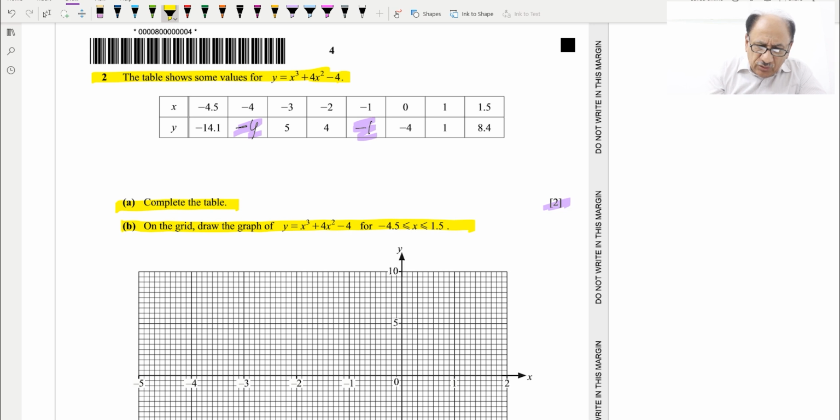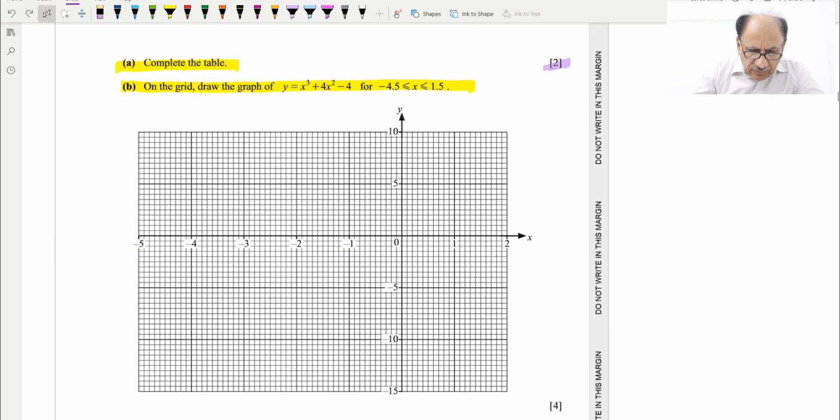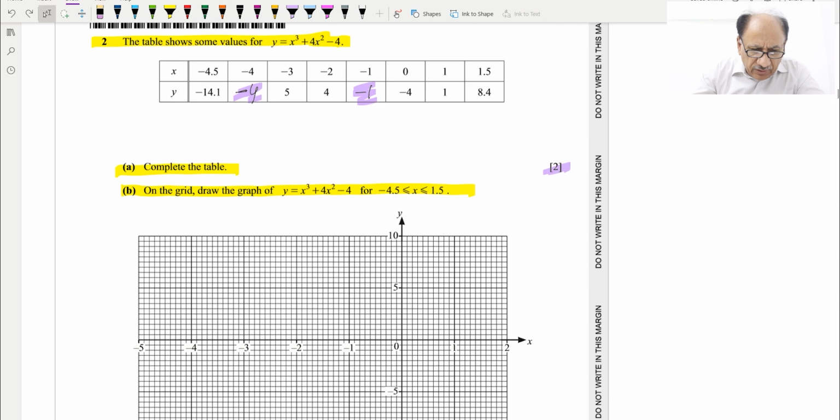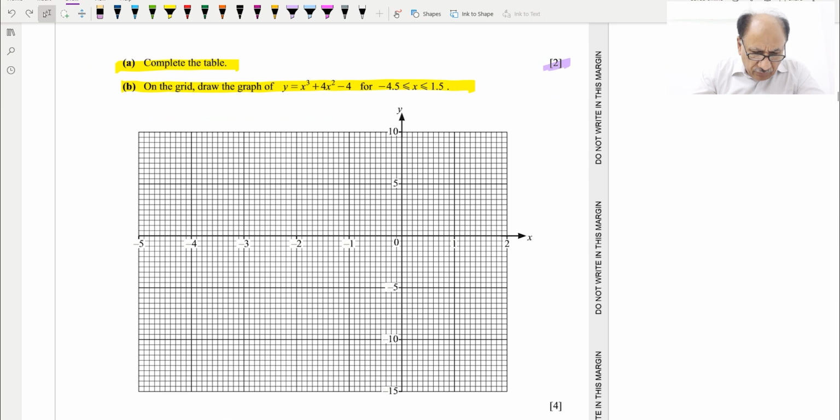So the values in the table, we need to plot on this grid. The first value is minus 4.5 and minus 14.1.